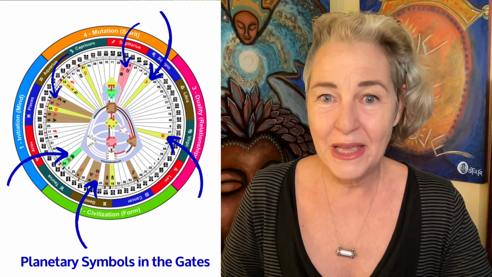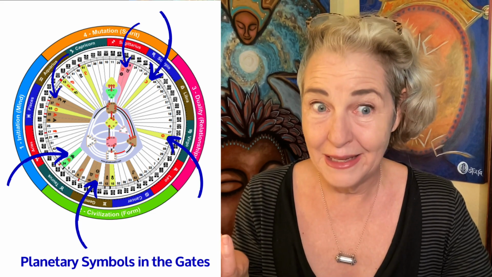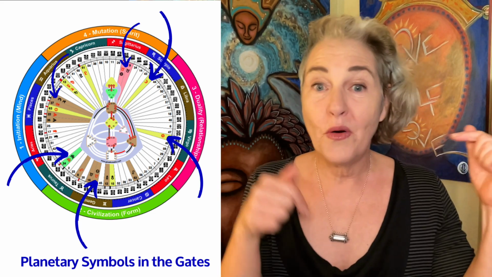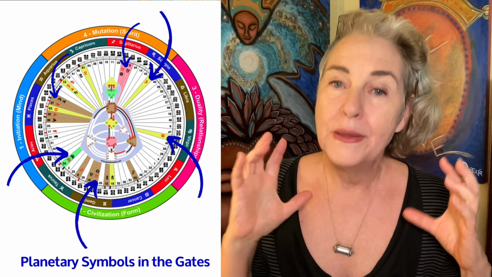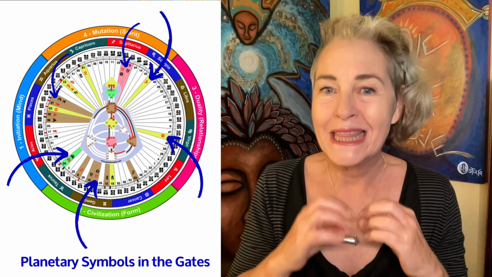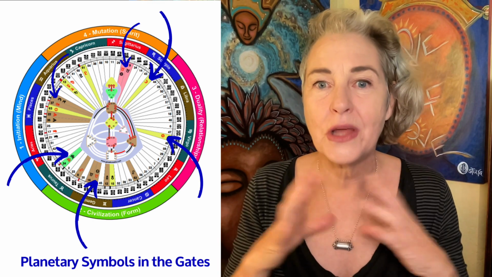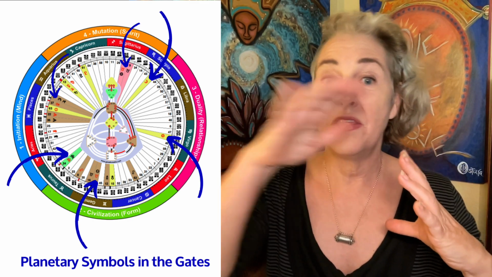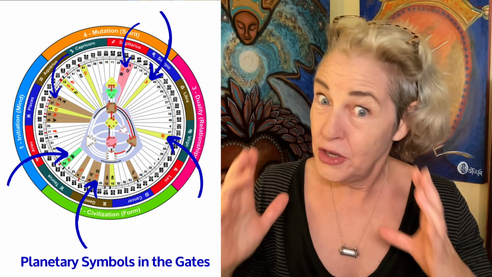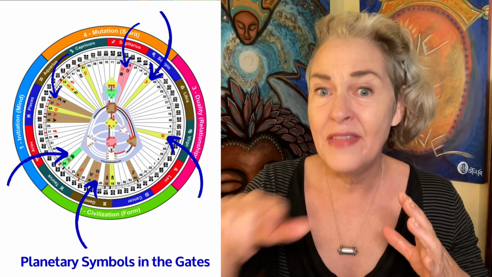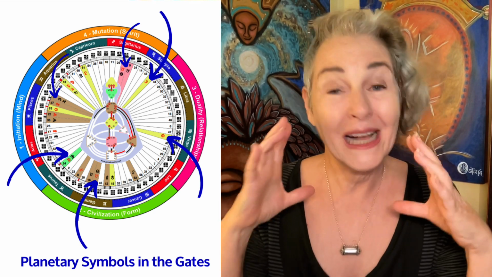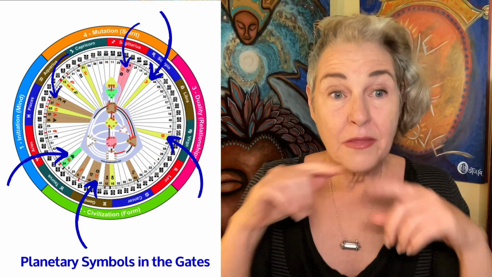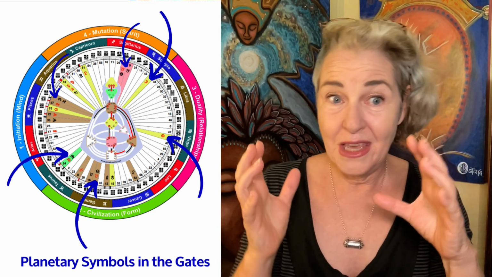This is an image of the Human Design Mandala, and the arrows are pointing to where the planetary symbols are in the Human Design Mandala. So let's just unpack this for a little bit. The very outer circle is the quarters of the year according to Human Design. Inside of that are the astrological signs that go with those quarters of the year.